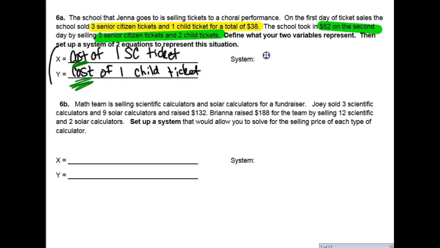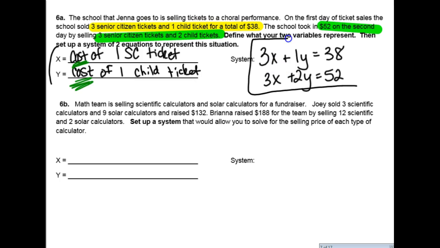So the first day that they sold tickets, 3 senior citizen tickets costing x dollars plus 1 child ticket costing y dollars equals 38. And then on the second day, the total cost was $52, and it was 3 senior citizen tickets and 2 children's tickets. And notice it doesn't say solve anywhere in the directions, it just says set up your variables, set up your system, and you are done.